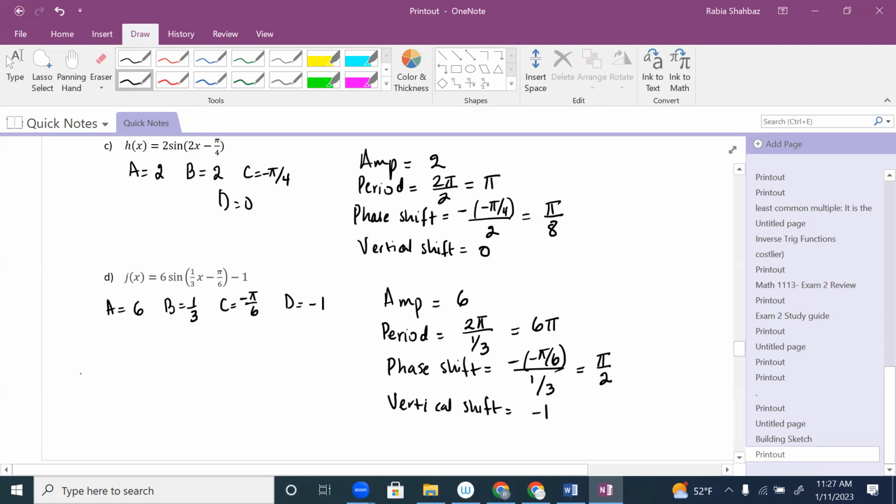Here, I want to emphasize one more thing: sometimes complex fractions become a little difficult for students, so you could also find the phase shift by just setting this Bx minus C factor equal to 0 and solving for x. So now I will just multiply both sides by 3, and x is equal to pi over 2.